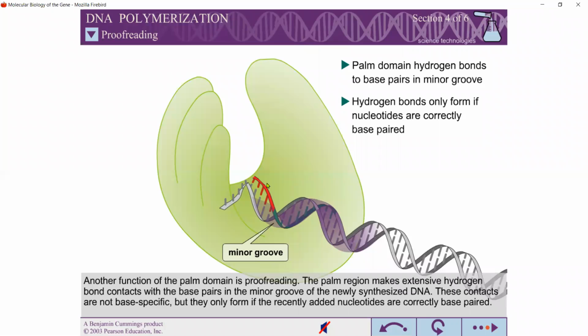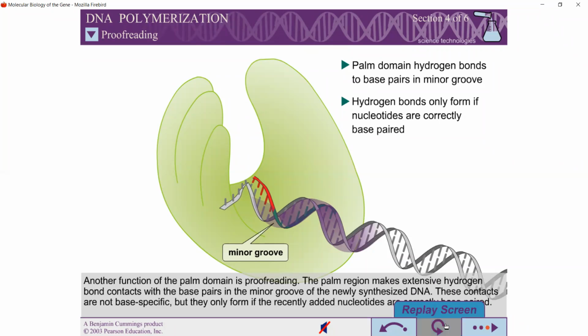The moment it realizes that a wrong base has been inserted into the DNA, the rate of polymerization slows down. It slows its speed. It has realized that a wrong base has been incorporated because no hydrogen bonds have been formed. So the rate of the polymerization reaction slows down.